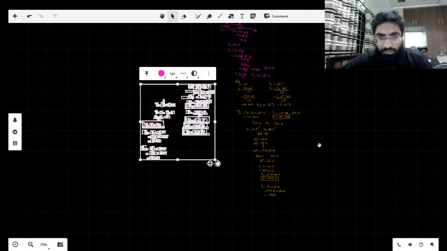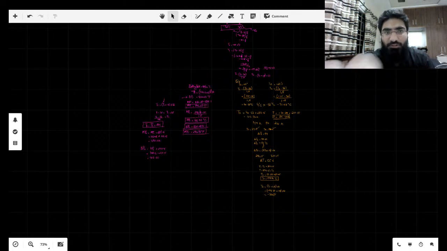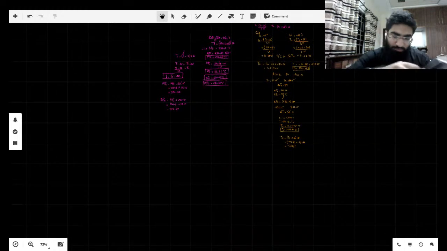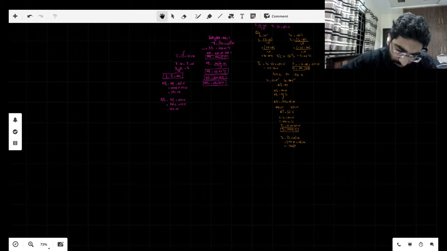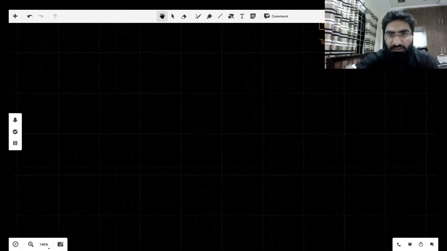So now we'll get introduced to the concept of heat. The first thing is that we have to know what is the difference between heat, internal energy, and temperature. These are the three terms that we have used, and two of them we have used in the last section as well.